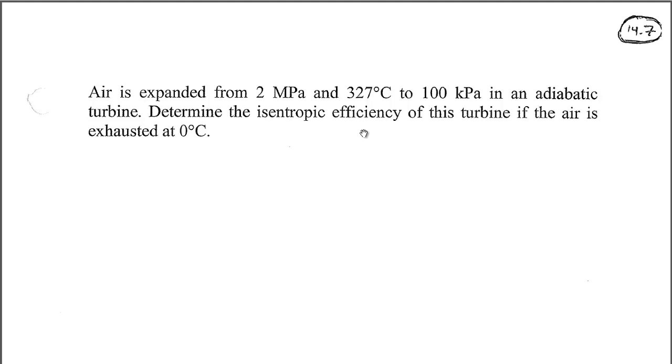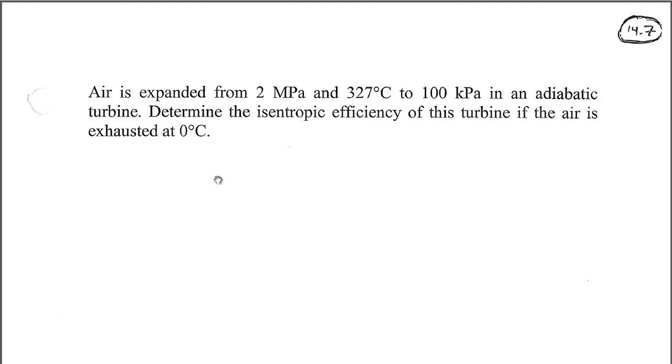Okay, so by virtue of it telling us that we're expected to calculate an isentropic efficiency, this is likely the real exit temperature. I said likely because you never know. Maybe this is an ideal turbine, and we will go through our analysis and find out that this is, in fact, the same as the ideal exit state temperature, in which case we would calculate our isentropic efficiency to be 100%.